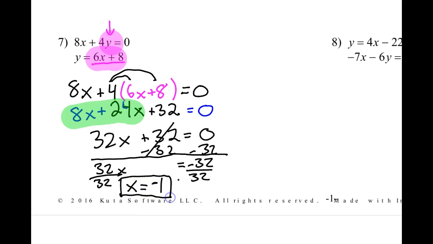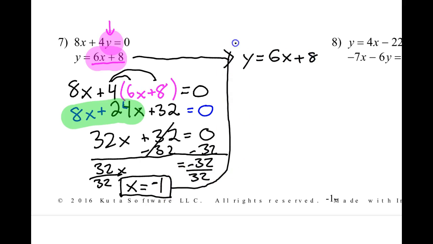Nope. All right. Let's take our original equation. So y is going to be 6 times whatever x is plus 8. And we know now x is negative 1. So one more substitution.